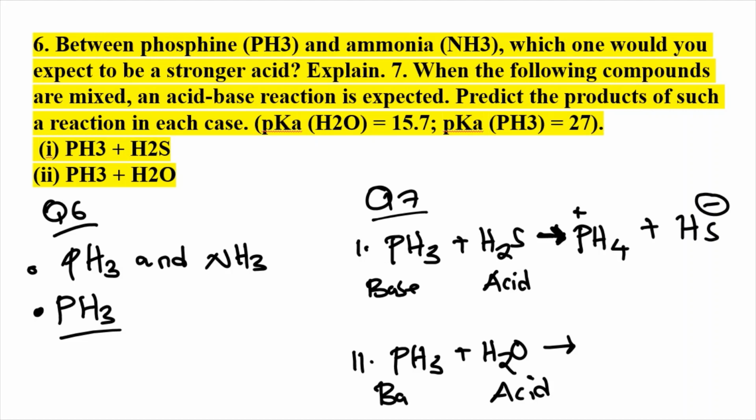This one will be the base. So since this is the base, it will be positively charged, and the water will become the hydroxide, like that. That is how that is going to work. That is the answer for question 6 and question 7.